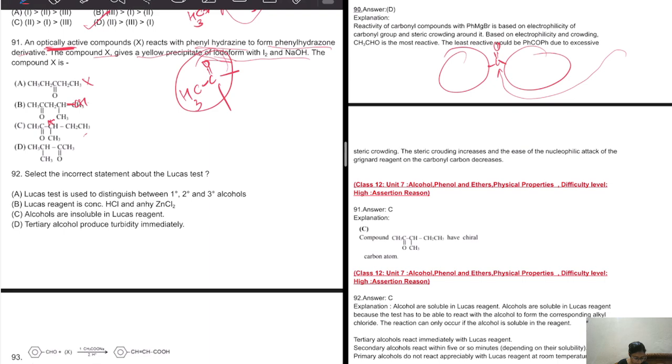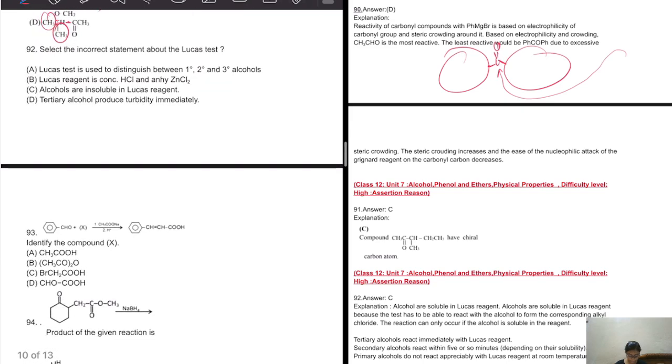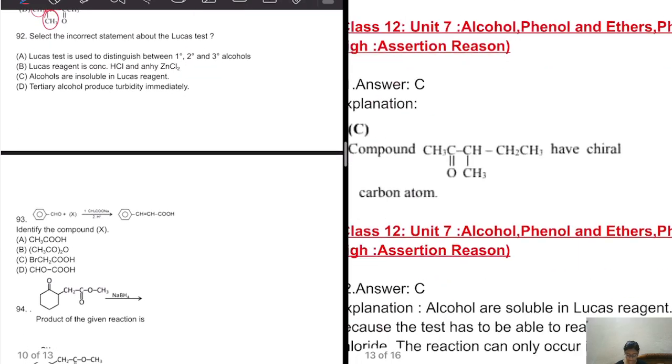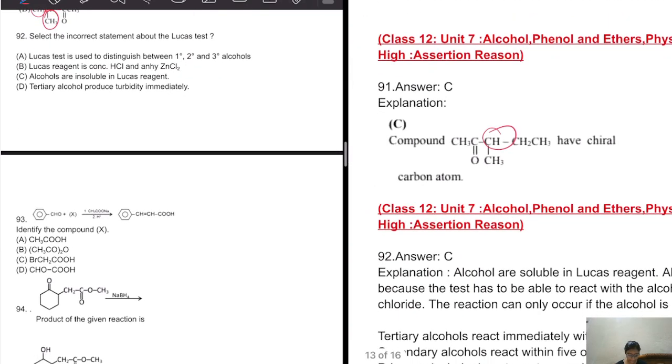Because two CH3 groups are there, and here two hydrogens. Here it is optically active, the carbon attached to the carbonyl. Here we have two methyl groups. So the only left option is C, which is the correct, optically active one. C has a chiral carbon atom.